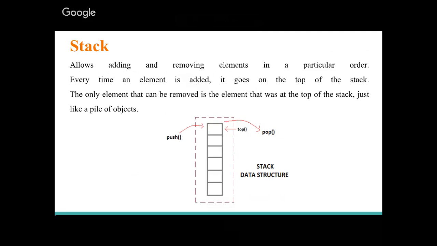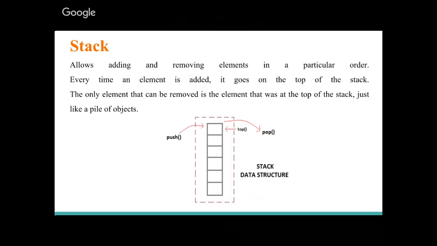Now, moving on to stacks. A stack allows adding and removing elements in a particular order. Every time an element is added, it goes on top of the stack, and the only element that can be removed is the element currently at the top of the stack, just like a pile of objects.